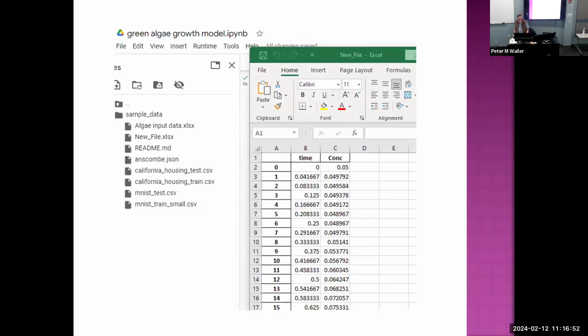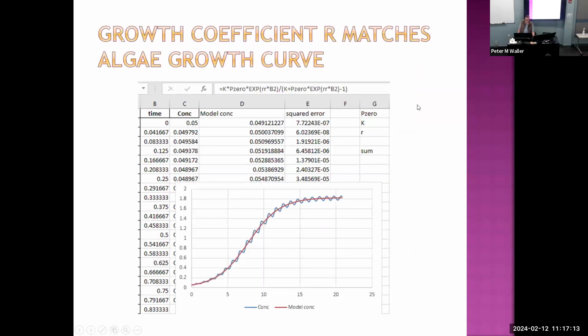Okay, and then your output data will be in a file like this, and it'll be in the sample data folder right here. And then you can just say download, and you can download it to your computer, and you'll get your time and your concentration. And then you know what to do with that.